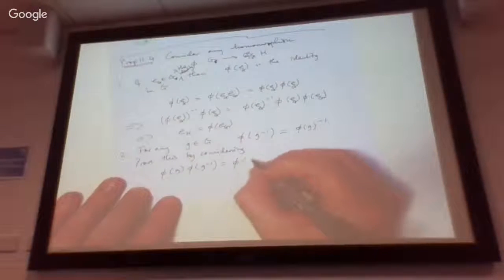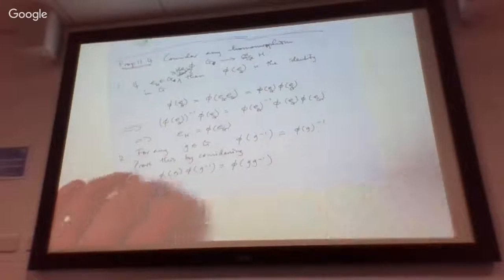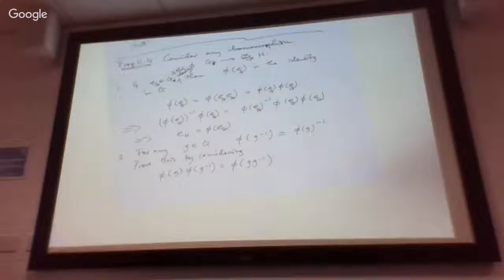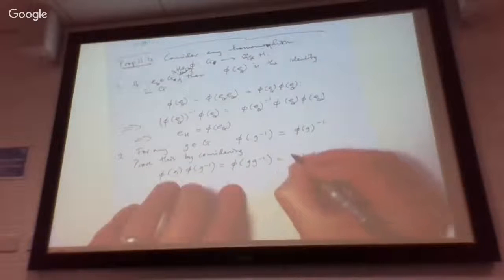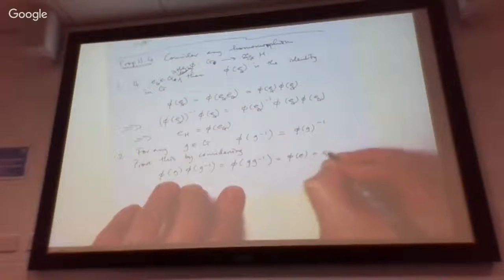Using the group homomorphism property, that's going to be phi of G times G inverse. But that's phi of the identity, which has to equal the identity.